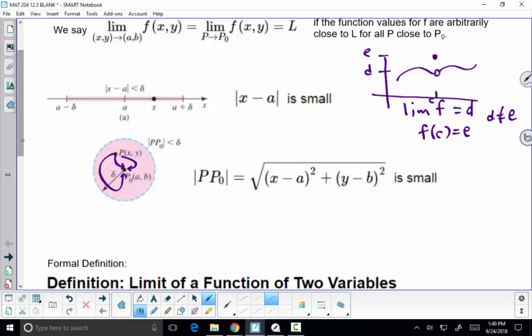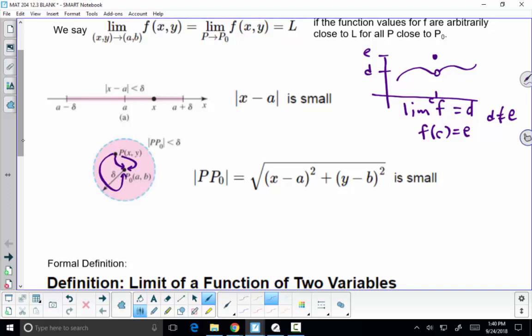We suspect that it's L. And the idea with epsilon is that for every epsilon, so there's L plus epsilon, there's L minus epsilon, it's going to have a limit if no matter how small you pick that epsilon, you are going to be able to find a corresponding delta.